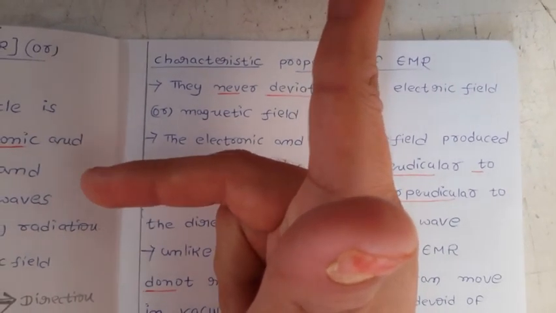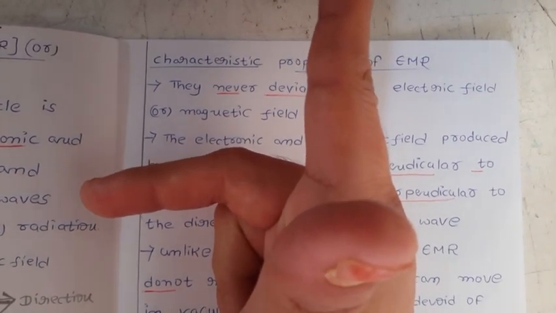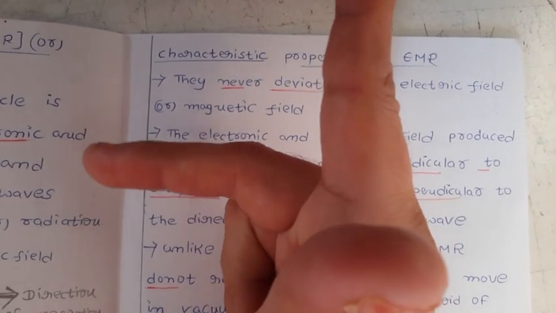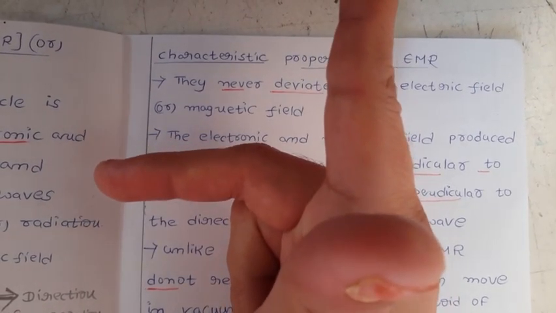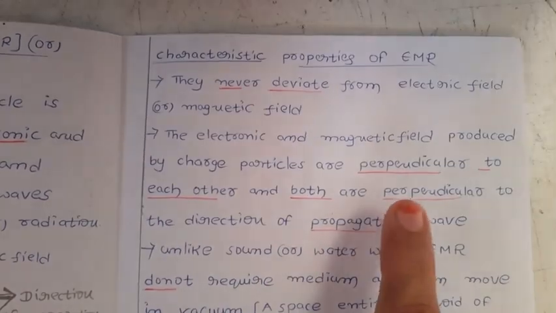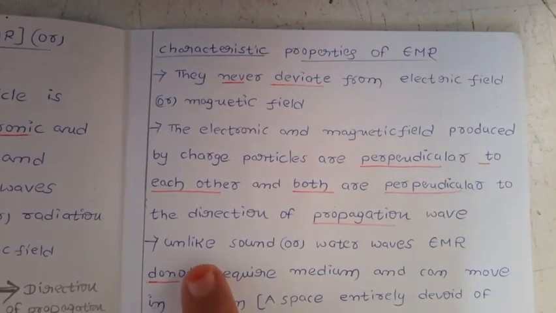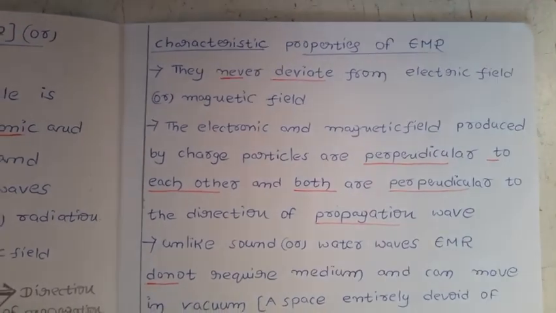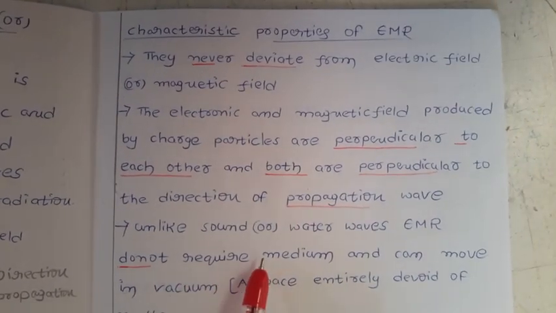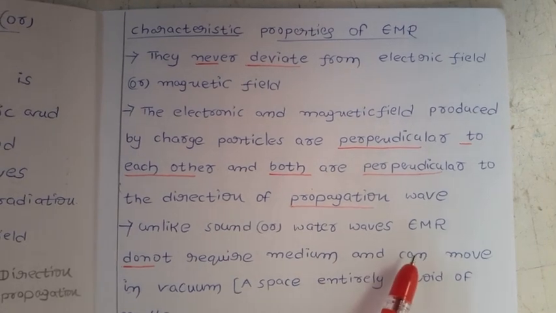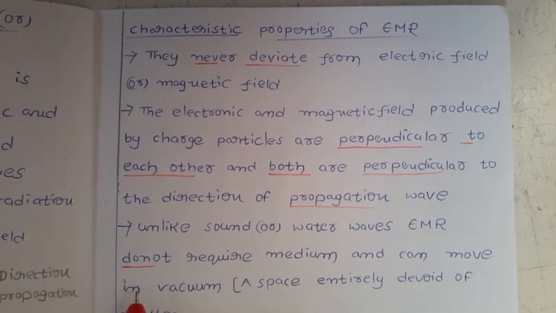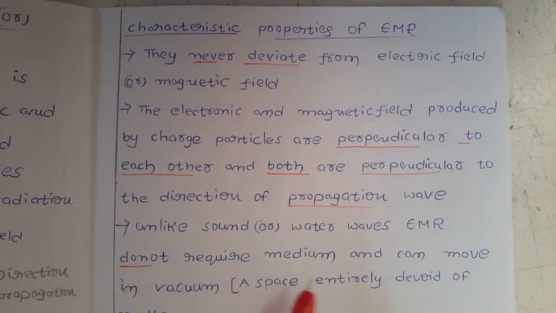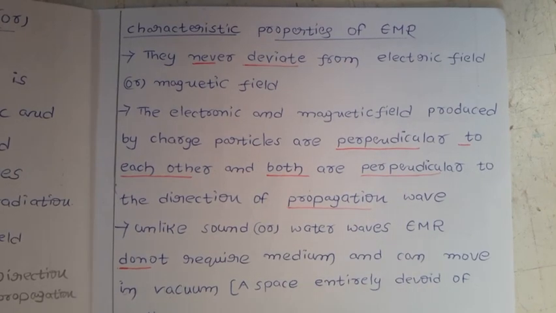So the fields produced are perpendicular to each other, and both are perpendicular to the direction of propagation of the wave.